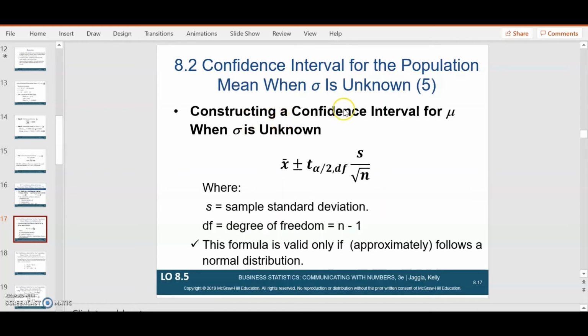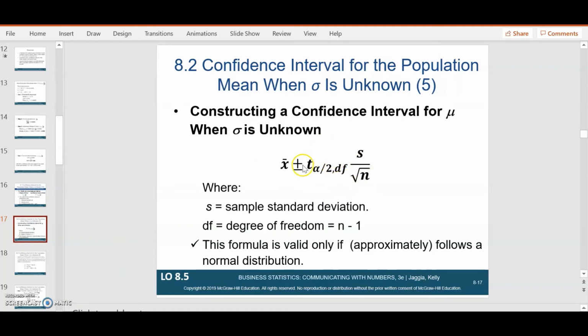So to construct the confidence interval for population mean, denoted by mu, when sigma, the population standard deviation, is unknown, we use this formula, where x bar represents the sample mean, plus or minus the t value at a certain significance level divided by 2 at certain degrees of freedom, times the sample deviation divided by the square root of the sample size.